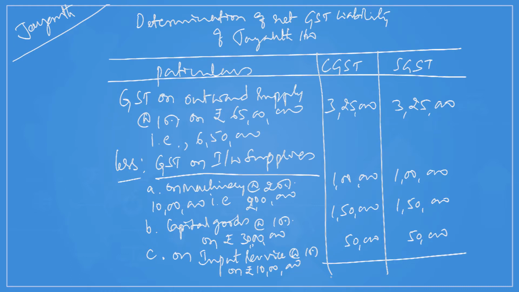So after deduction of GST on inward supplies, the net output tax liability is rupees 25,000 under CGST, 25,000 under SGST. Net GST liability.